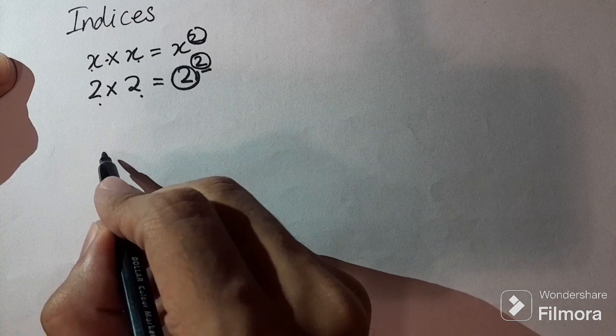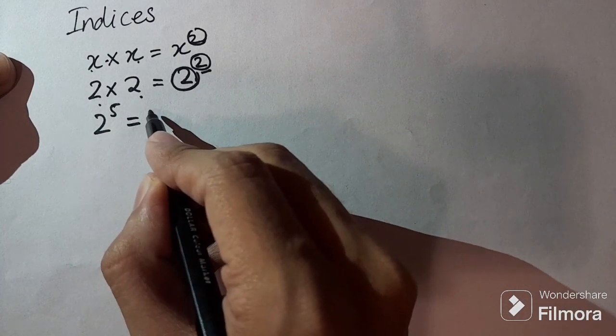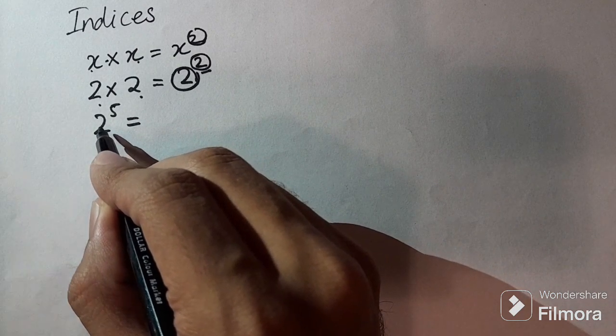For example, if we have 2 to the power of 5, what this does is that the 2 is multiplied by itself 5 times.